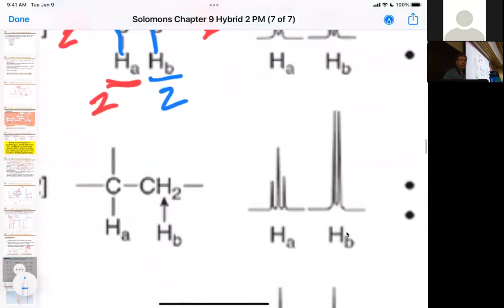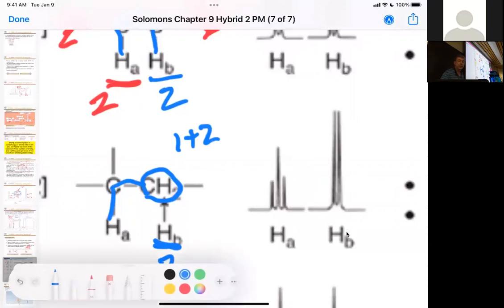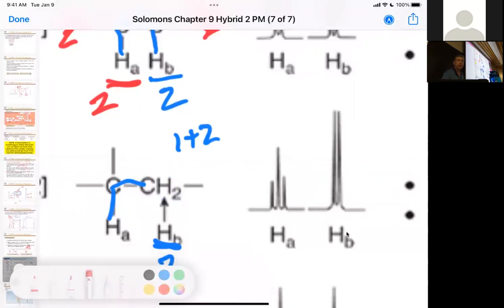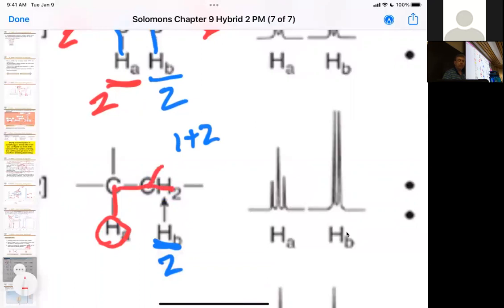Okay, so let's look at this one right here. This hydrogen here gives us 1 peak and it's within 3 bonds. So it's going to be 1 plus 1, which gives us a doublet because there's only 1 hydrogen next to that signal. So let's look at the other side here. This hydrogen is one hydrogen, 2 hydrogens.